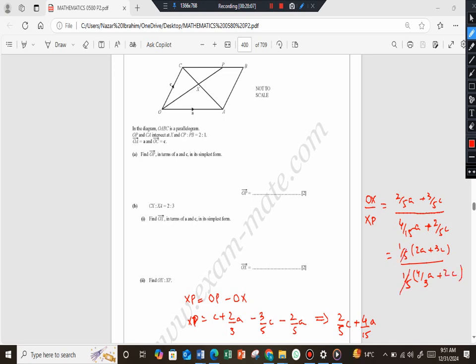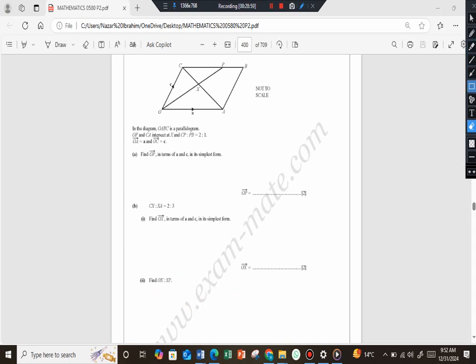Now I compare the components of A and C, and I get the same ratio. 2A to 4 upon 3A: A cancels, giving 6 to 4, so 3 to 2. The other way is the C side: 3C to 2C means 3 to 2. So the ratio OX to XP is 3 to 2. Clear?